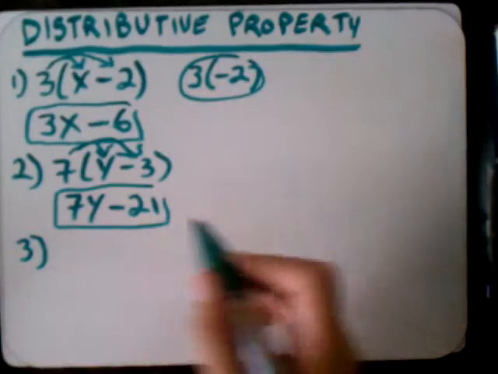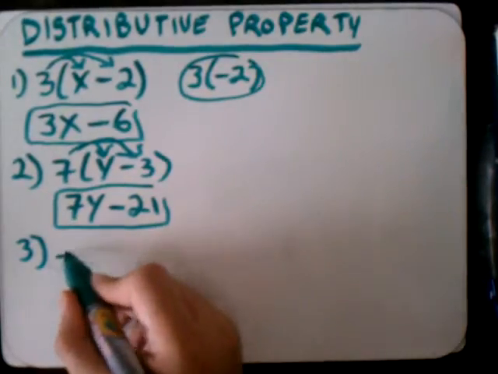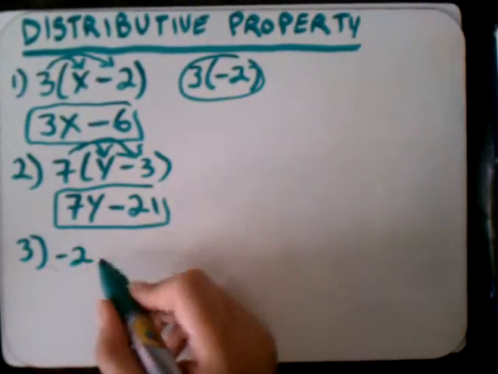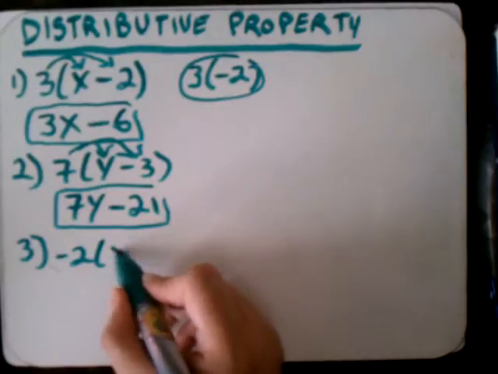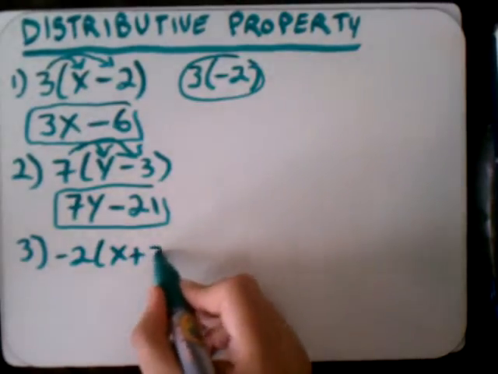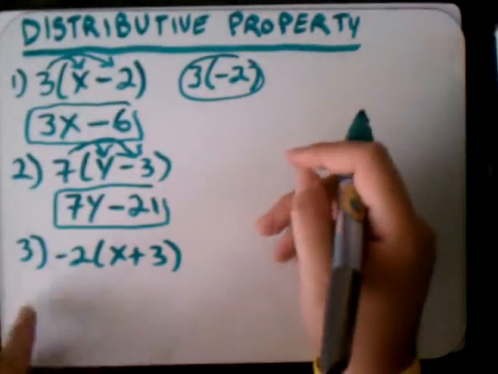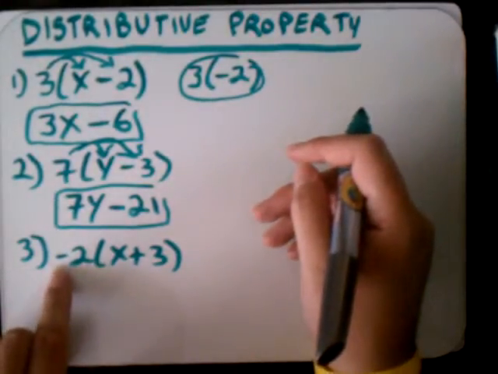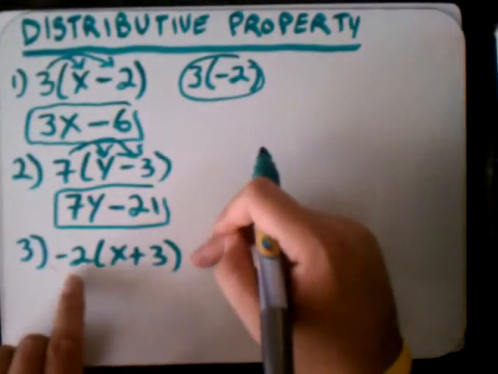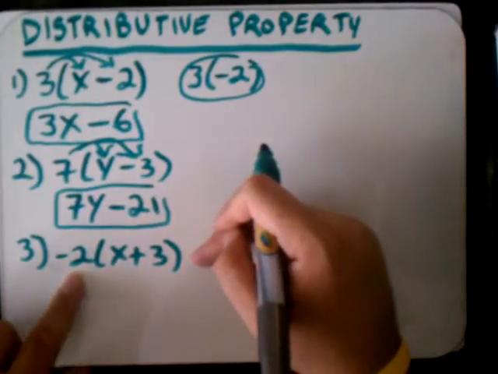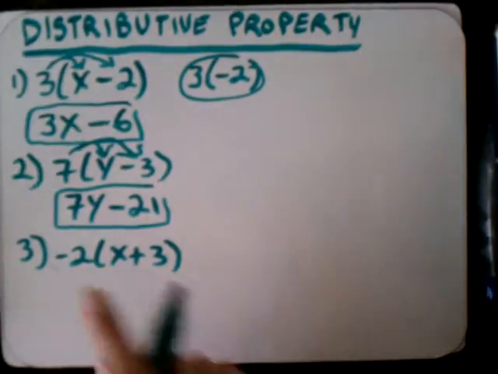Example 3. Negative 2 times (x plus 3). The only difference between 1, 2, and 3 is that number 3 has the negative outside the parentheses. The outside number is negative, but it is exactly the same.